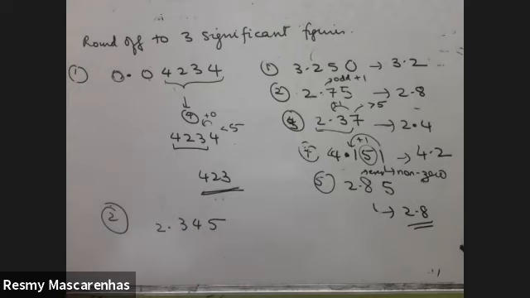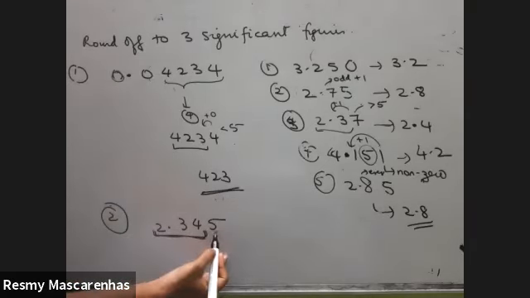The rule was we were checking with the second digit and so on. Now it will be just shifted by 1 digit. We want 3 significant figures. What will be the answer? 2.34. Yes, it will remain 2.34. Why? Because now I want till here. So this is the digit to be dropped.